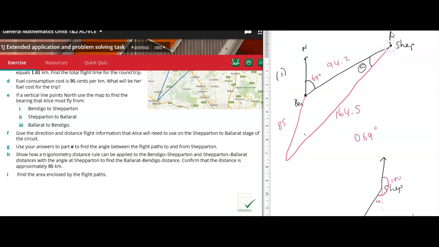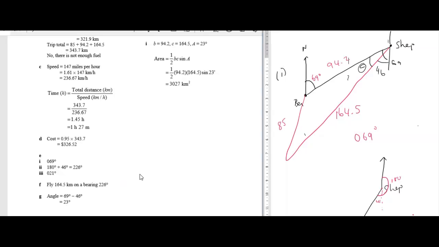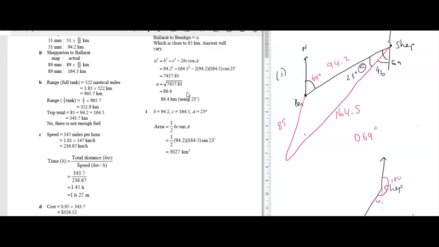If we draw another vertical line, this 69 is this 69 here. And then we know that this angle in here is 46. So that's why your solution has 69 minus 46, which gives you 23 degrees. So this angle in here is 23. But you can use the cosine rule as well.